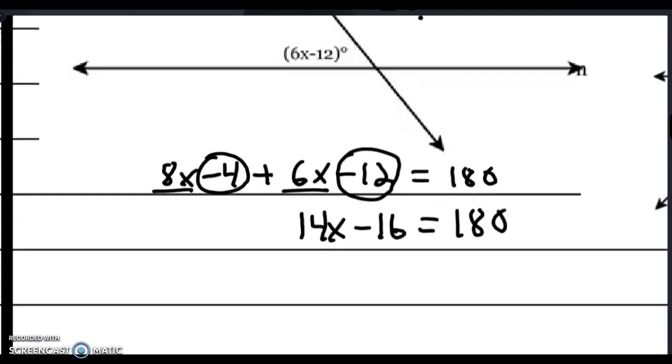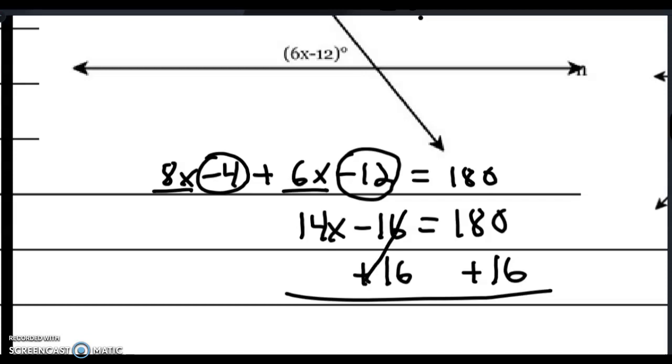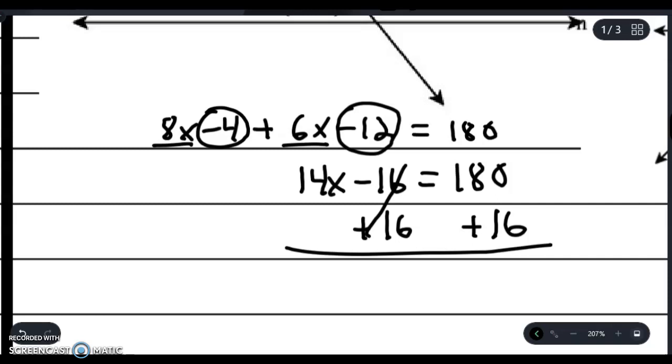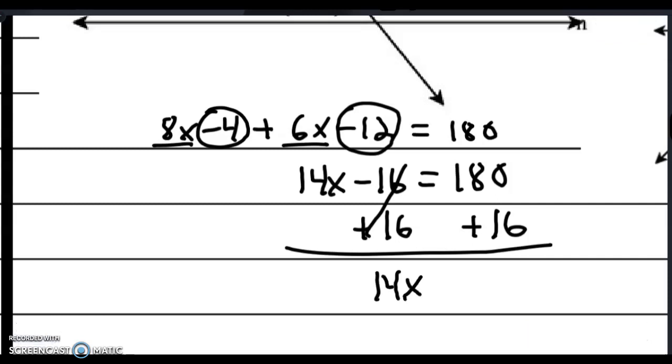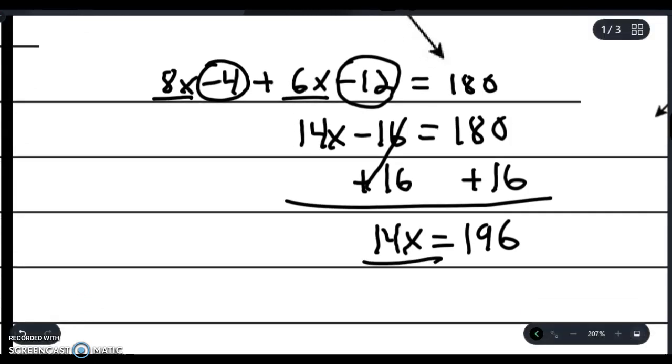Now I'm going to solve for x. I'm going to do the opposite, add 16 on both sides. The 16s cancel out. That's going to leave us 14x is equal to 196. Now I'm going to divide by 14.